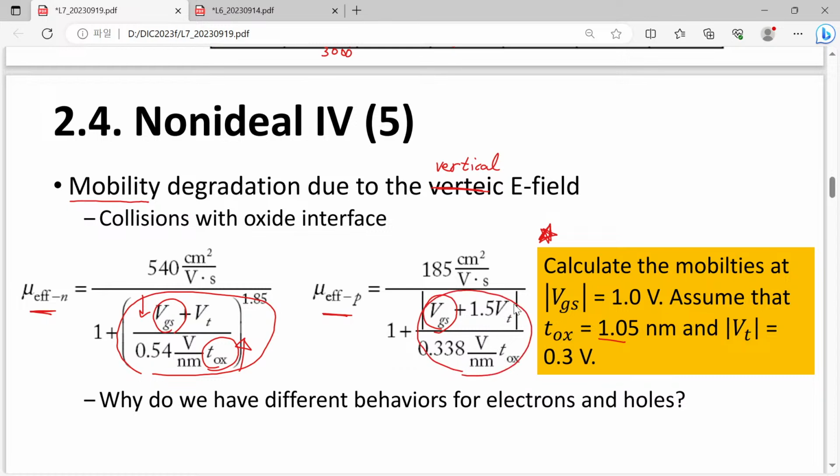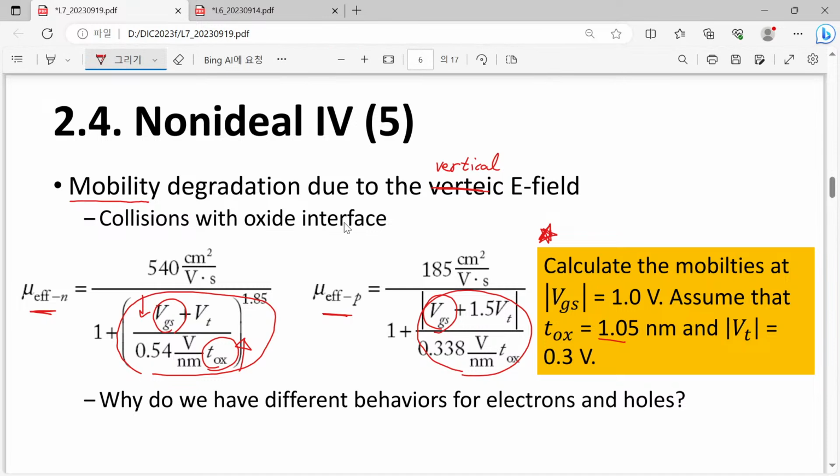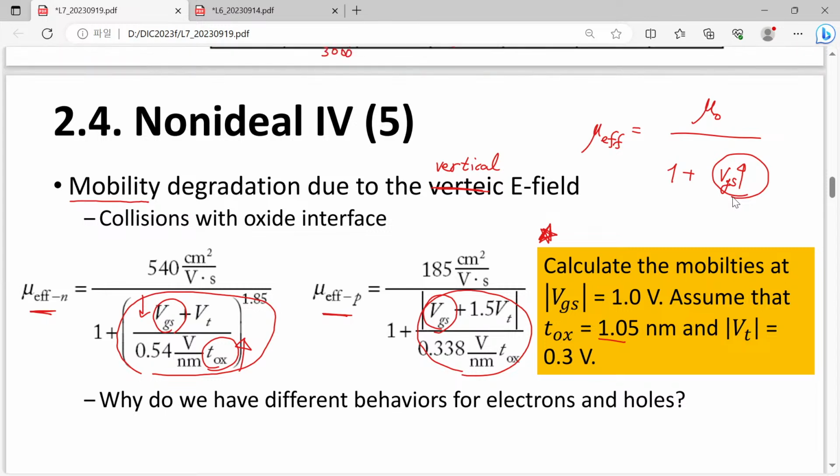So are you with me? So simply speaking, these forms are written as this form. Effective mobility mu is given by a certain mobility value divided by 1 plus something, and this something is increasing when you have higher and higher gate voltage. So let's say that you have a very low gate bias condition.